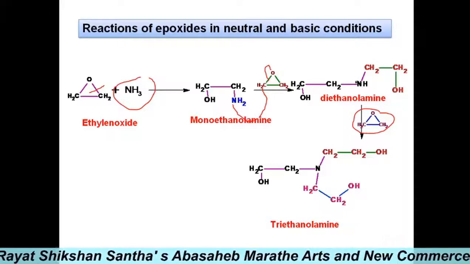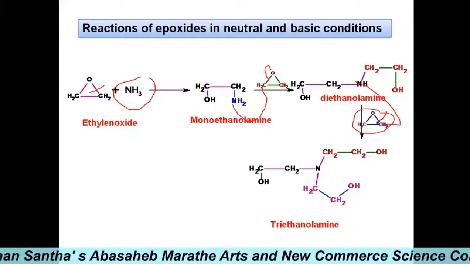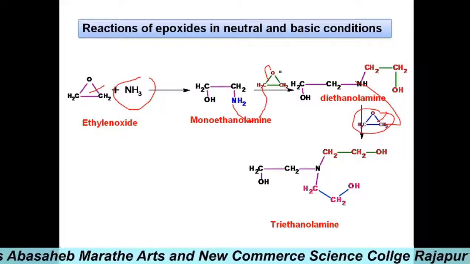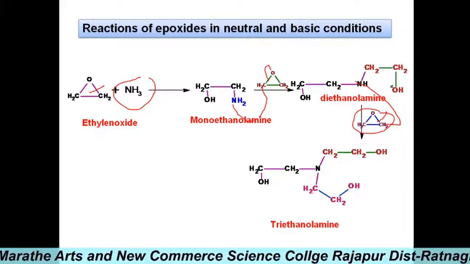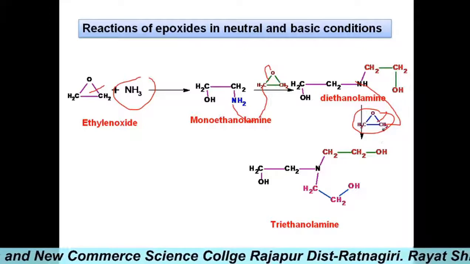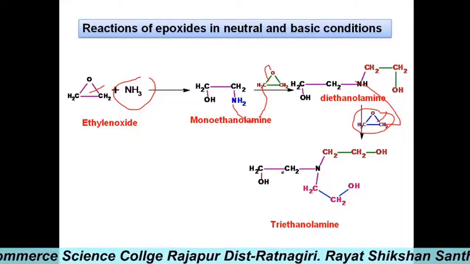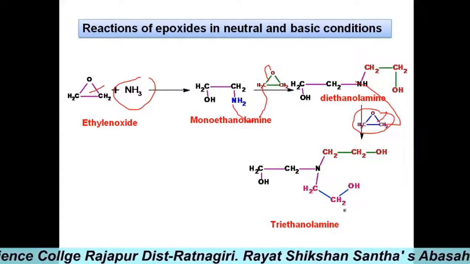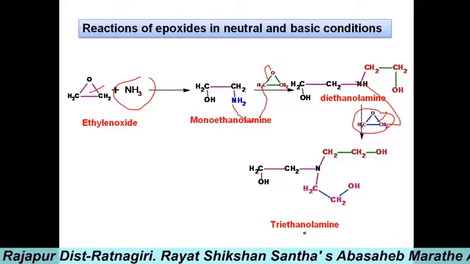Similarly, the lone pair of the nitrogen attacks this CH2, breaking the ring. The first ring addition is shown with a green bond, and the blue bond shows the epoxide attached on that side. So there are three ethyl alcohol groups: this is one group, second group and third group. So you get the product triethanolamine.